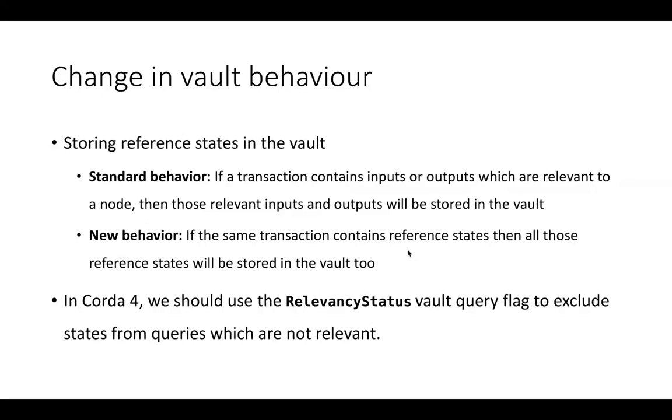And if you then query the Vault with relevancy status all, then you will get that cache state back, which is obviously not ideal if you want to, say, total all the cache states which you own. So what you do is you set the relevancy status to only relevant, and then you'll only get your relevant states. I realize that's a bit confusing, counterintuitive, and annoying, but that's just the way that Corda is.